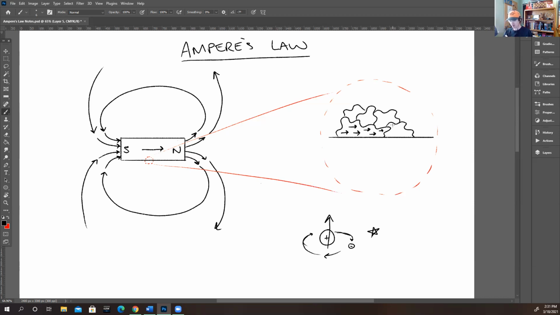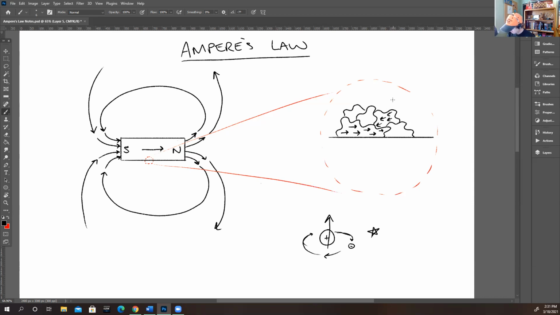In a regular piece of iron you see on the ground, it's neutral. It's neutral because all of these domains are facing in opposite directions.